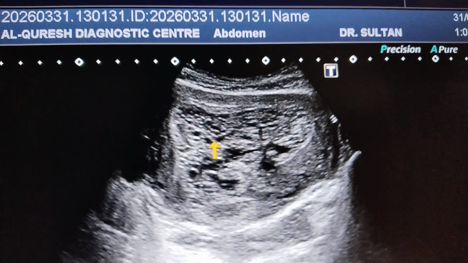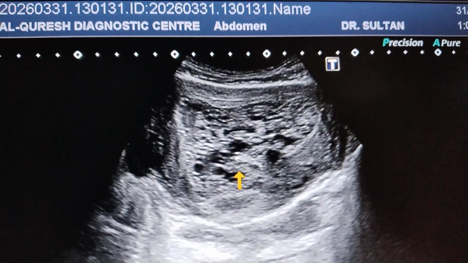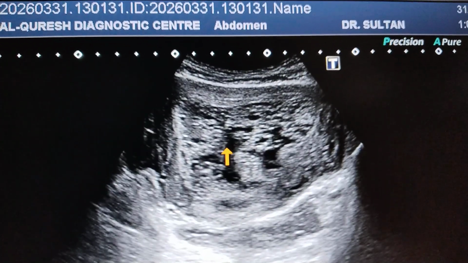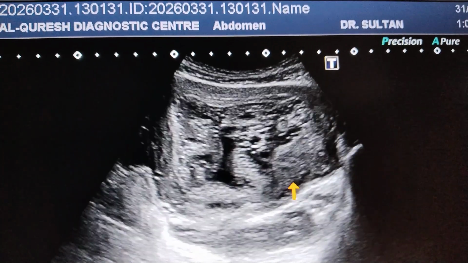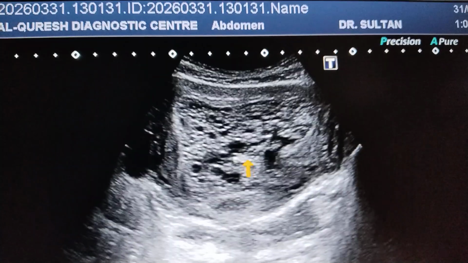These tiny spaces are nothing but the chorionic villi, which become filled with fluid, edematous, and give such tiny spaces.